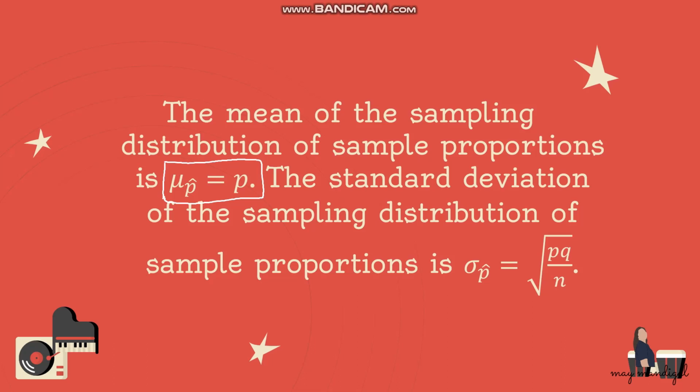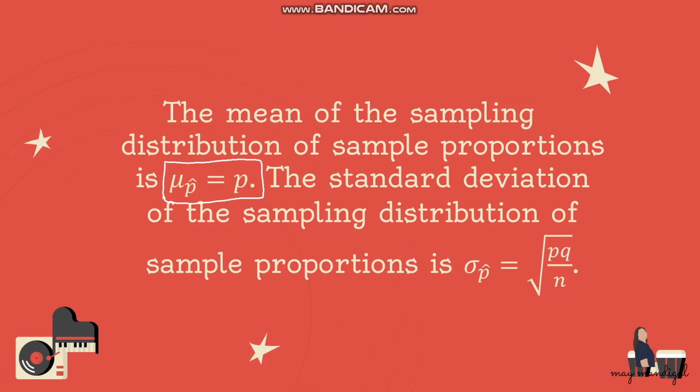And the mean of all those sample proportions is the same as the population proportion of success. So they should be equal with one another. That is one thing that we have to remember with the sampling distribution of sample proportions.